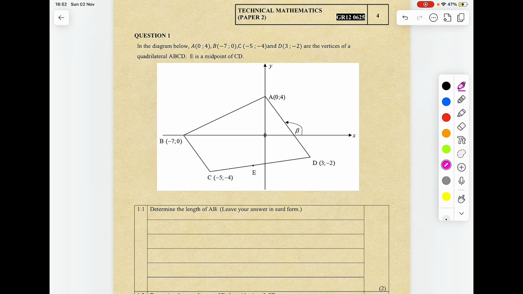Determine the length of AB. So that's a wrong way to go about it. The rules say you should read the questions carefully.